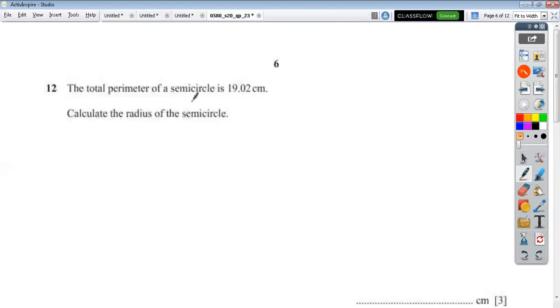Now the total perimeter of a semicircle. Perimeter, not of a circle, of a semicircle. So we know that the perimeter of a circle is 2 pi r or pi d. But because I tend to find radius, I'm using 2 pi r here. So if it's a semicircle, it's half of this.